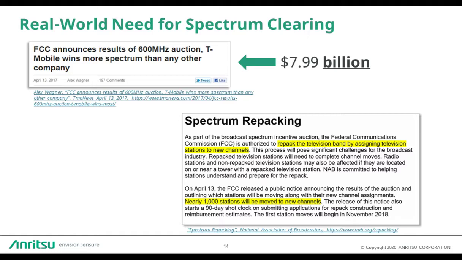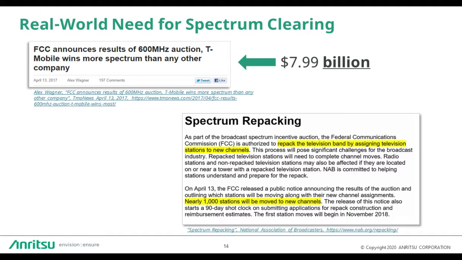Their interest obviously is protecting that dollar investment. If you're in a defense application, it may not be that you spent money on it, but you've been allocated that resource and you have value in making sure that those communications that are of national security importance are not interfered with.